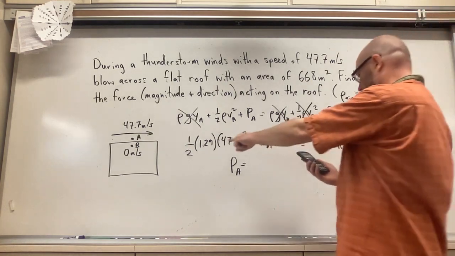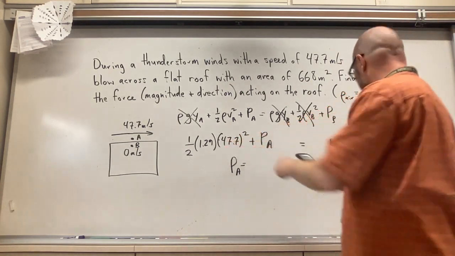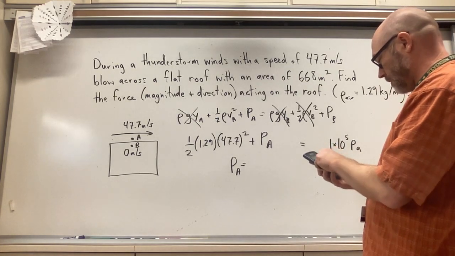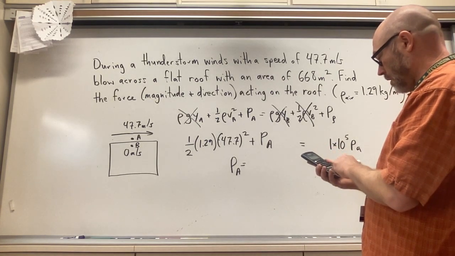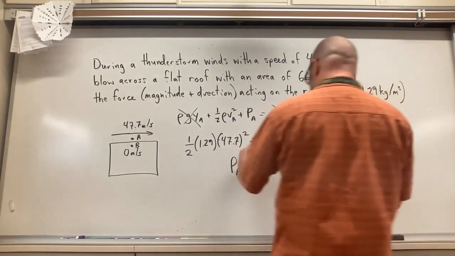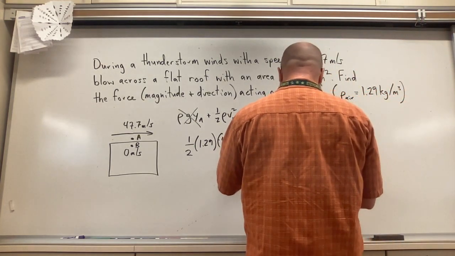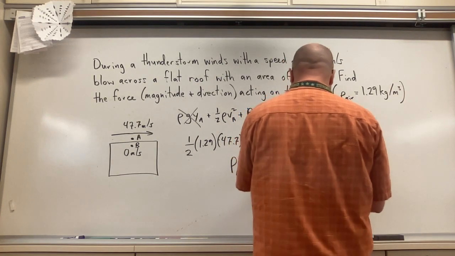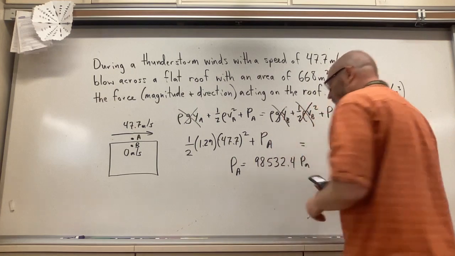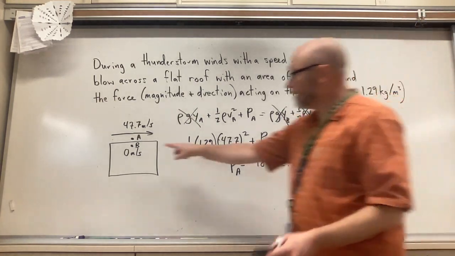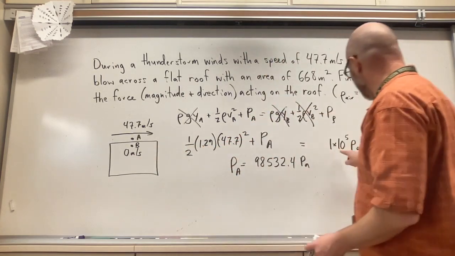That number is 1467. So I'm going to take 1E5 minus that number, and I get my pressure to be 98532.4 pascals.